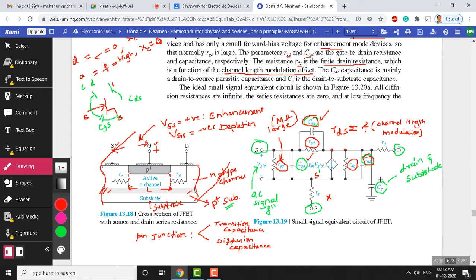Okay. And anybody who has identified, asked me a question: why is there a current source? I am showing here a current source, which is shown in a rhombus kind of symbol, and this is a dependent current source. You have studied the importance of dependent current sources in network theory. We have seen this kind of current source even in the coupled diode model, and even in BJT also we have this current source, and here also for this JFET equivalent circuit we have shown a current source.